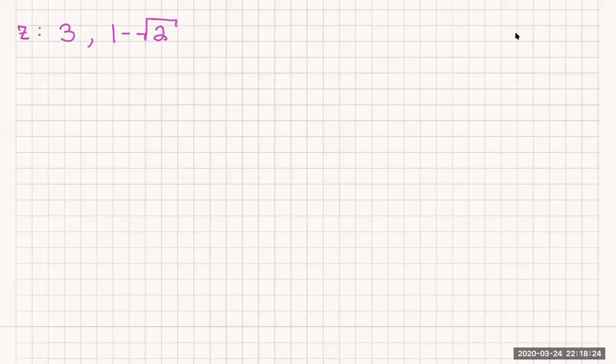Now, an alternative way of using the linear factorization theorem. So what if I said I'm looking for a polynomial whose zeros are 3 and 1 minus root 2? How do I find a polynomial whose zeros are 3 and 1 minus root 2?